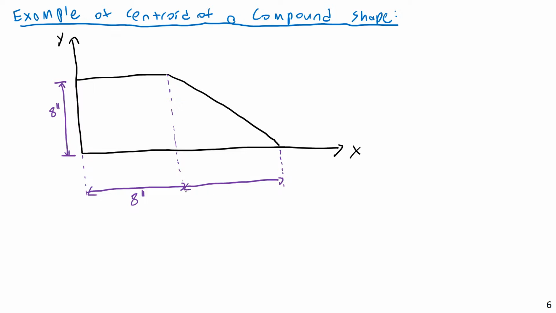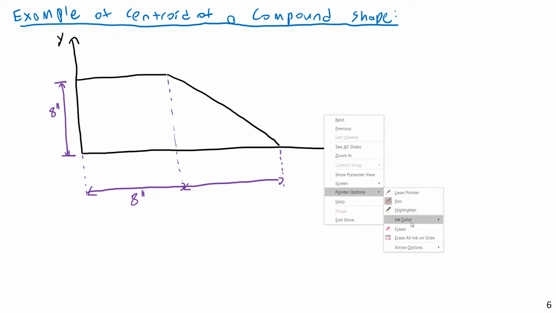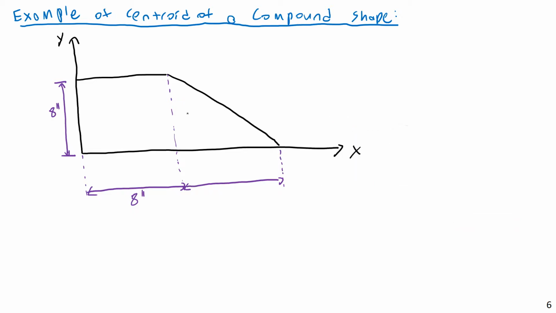Now, this would be well enough on its own, but I'm going to make things even more interesting by saying there's a hole in this thing, and it's going to be a semicircular hole, kind of like this, with a radius of 8 inches.